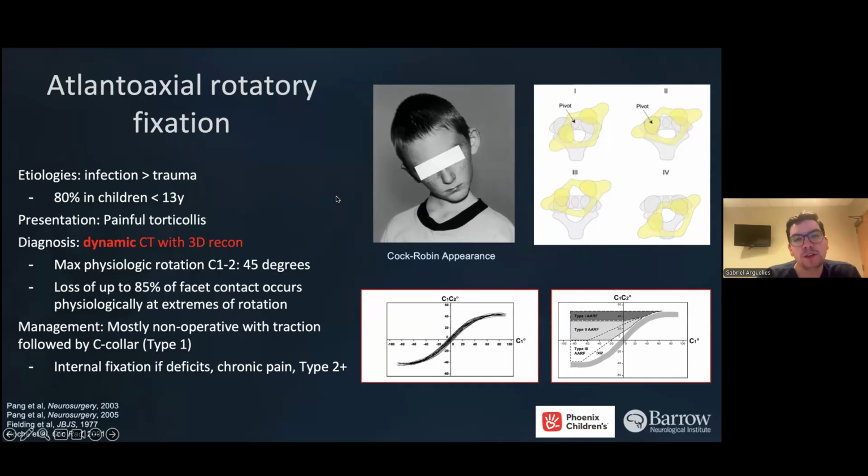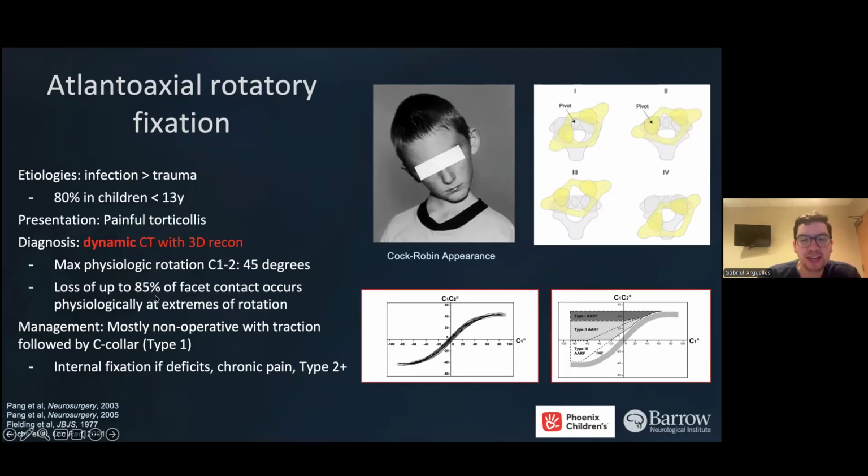This can be diagnostically pretty challenging. Actually, in children there's a lot of physiologic rotation at C1, up to 45 degrees. So you can't diagnose this based on one still CT of, let's say, 40 degrees of rotation of C1 on C2, because that might be normal.